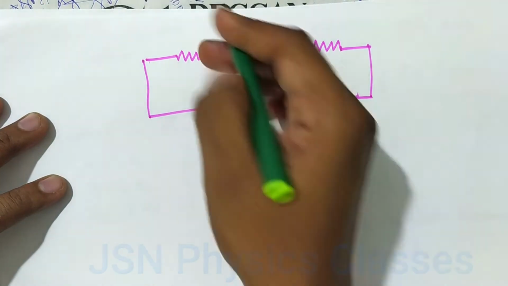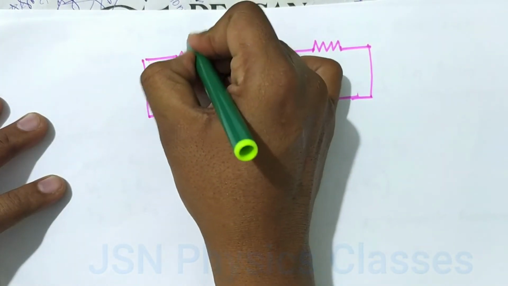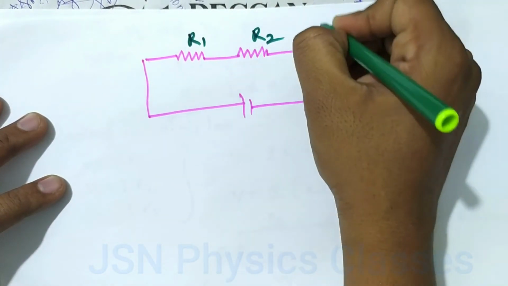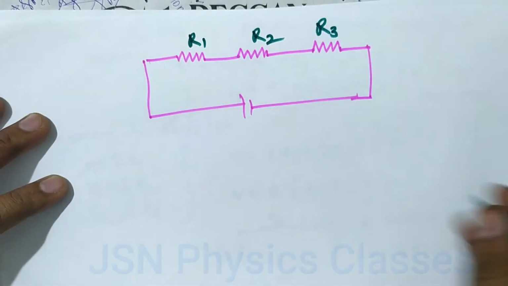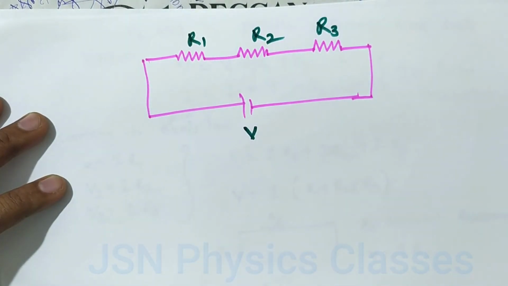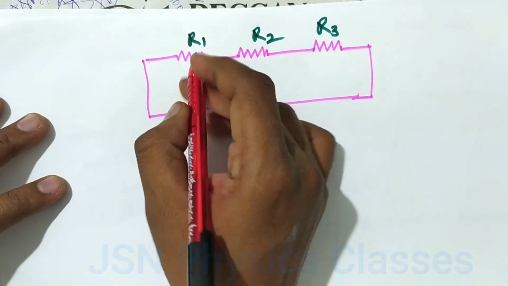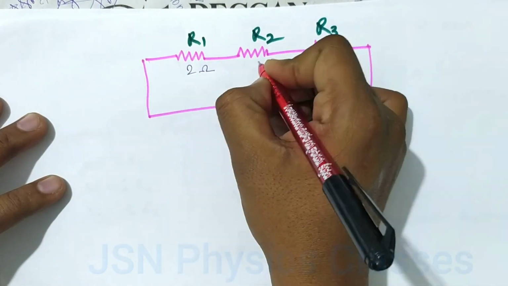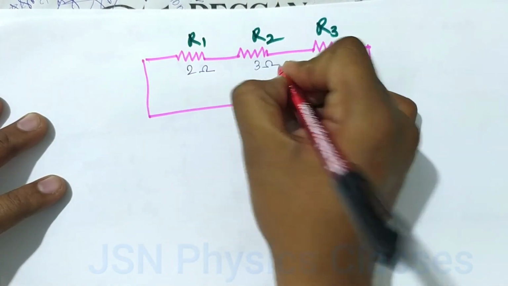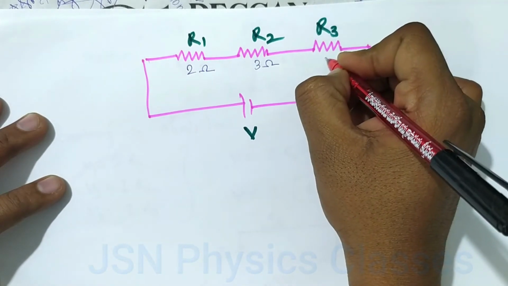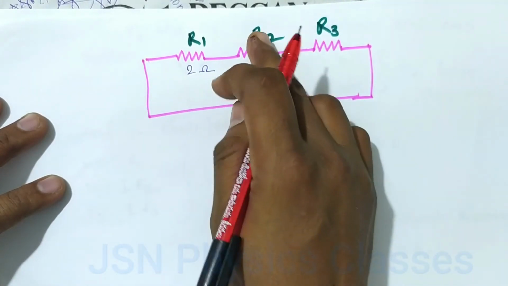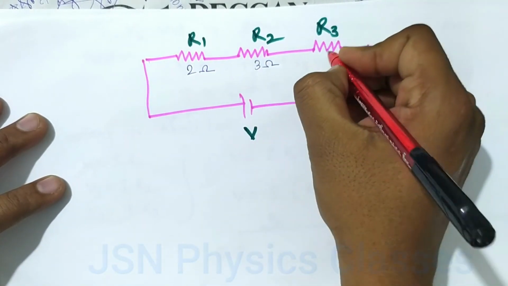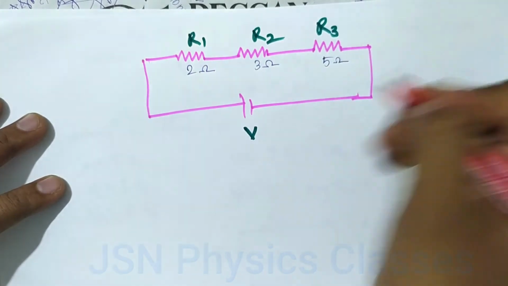Let the resistors be R1, R2, R3 and the applied voltage is V. The R1 value is 2 ohms, R2 is 3 ohms and R3 is 5 ohms.